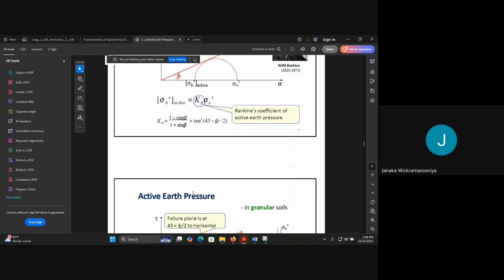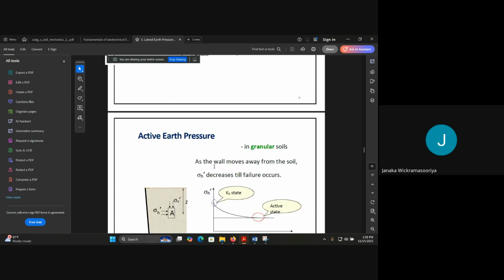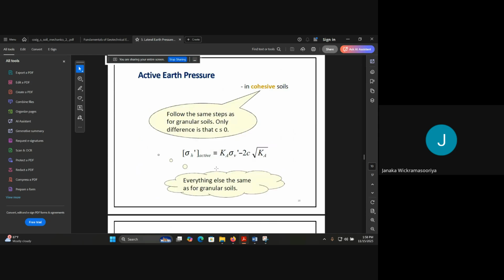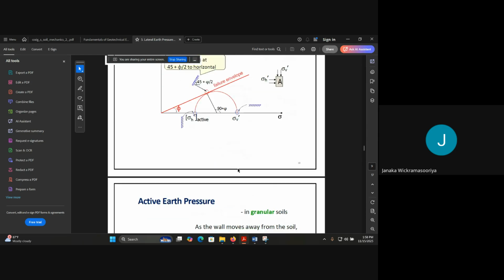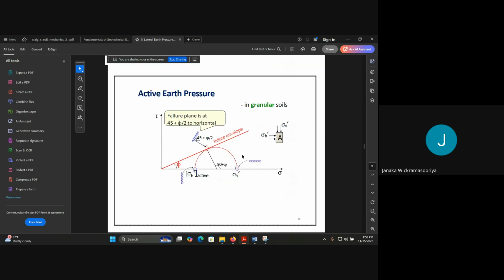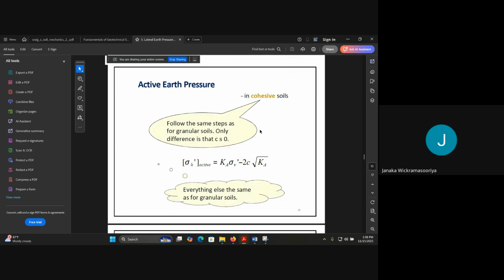Right, then these are the failure planes, and they are not that important. So this is regarding the granular soils. Granular soils means cohesion is zero, but when you have the cohesion for the cohesive soils, you have a cohesion component.